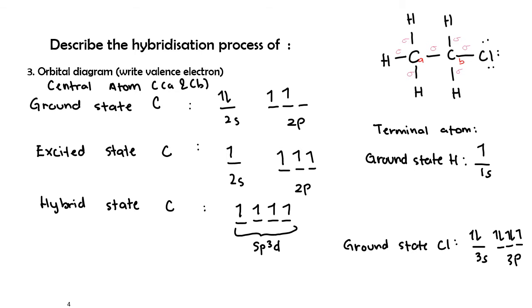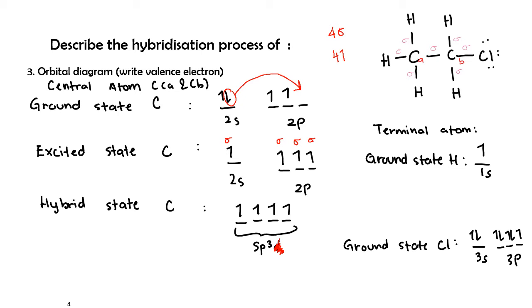So for the ground state of carbon, since you will form 4 sigma bonds, it means you need to have 4 single electrons. One of the electrons here will be excited into the 2p orbital. Therefore, you will have 4 single electrons for the formation of 4 sigma bonds. And then the hybrid orbital here will be sp3 only.